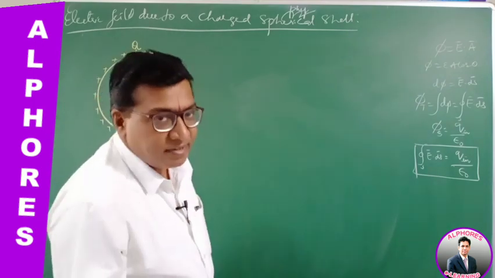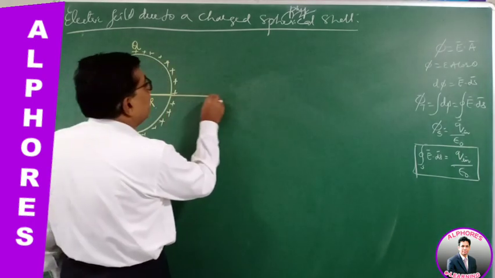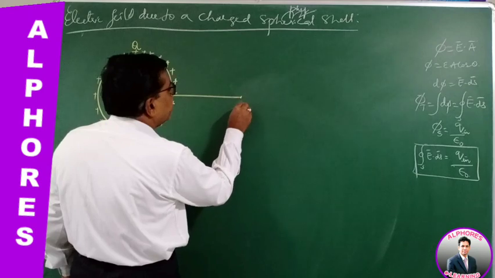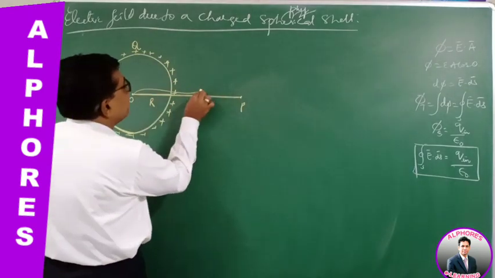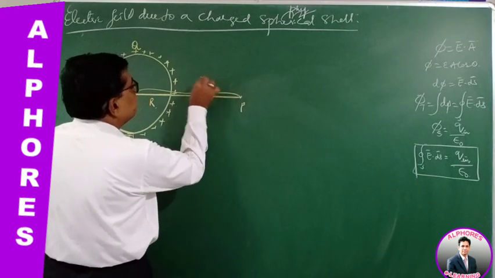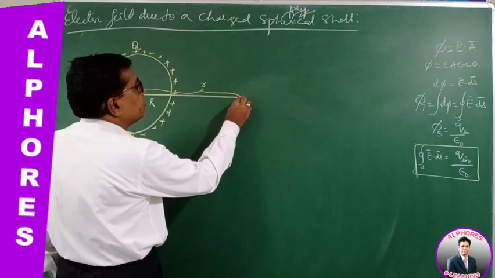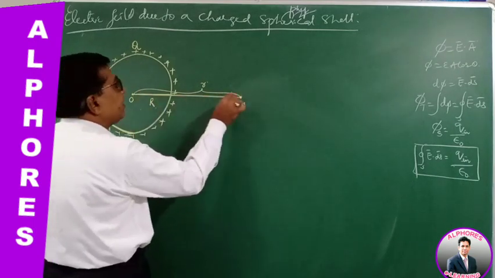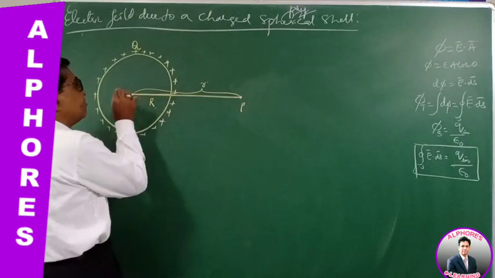Now first we will consider the point outside the sphere. Let there be a point P outside the sphere at a distance small r. Now we have to find the electric field at this point P outside the sphere. It is at a distance r from the center of the sphere.